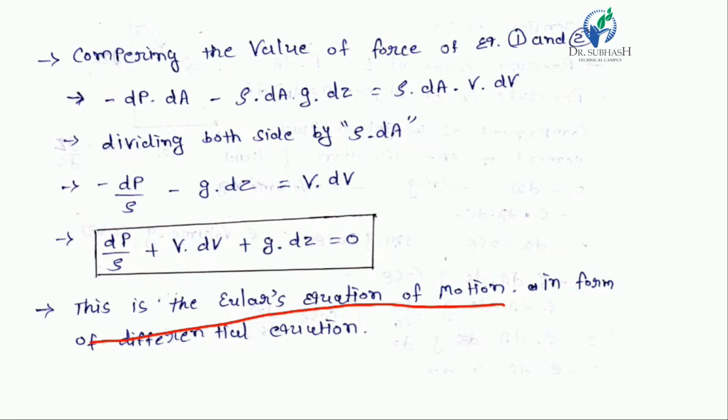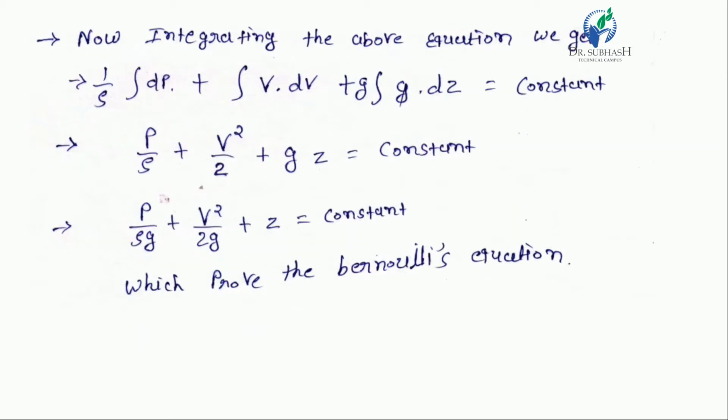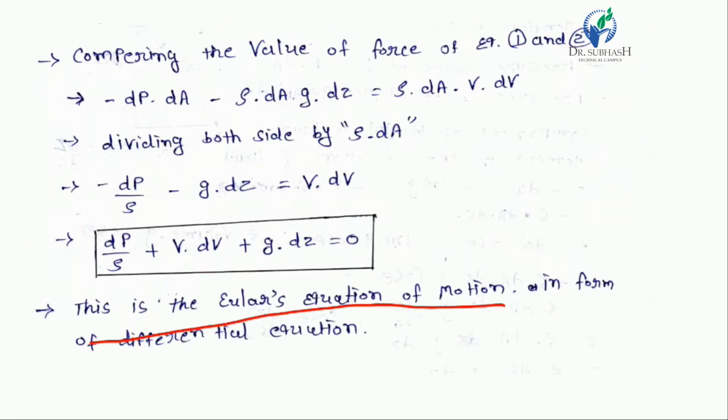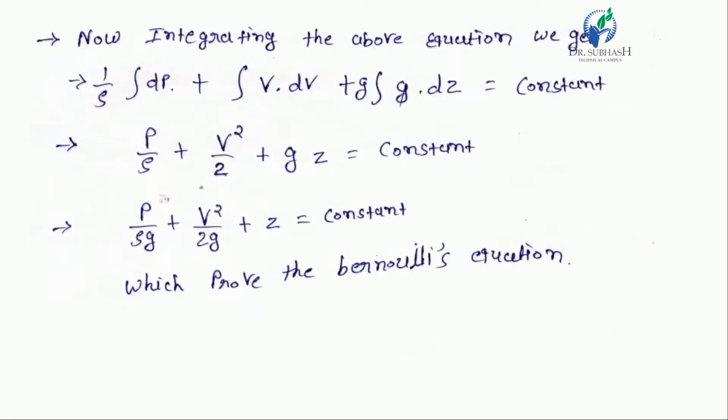Now this equation is integrated and we get the Bernoulli equation. Integrating the Euler equation, rho is a constant, so integrate only dp. Then the integration of v dv, and g is a constant, so only the integration of dz, is equal to the integration of 0, which is a constant.